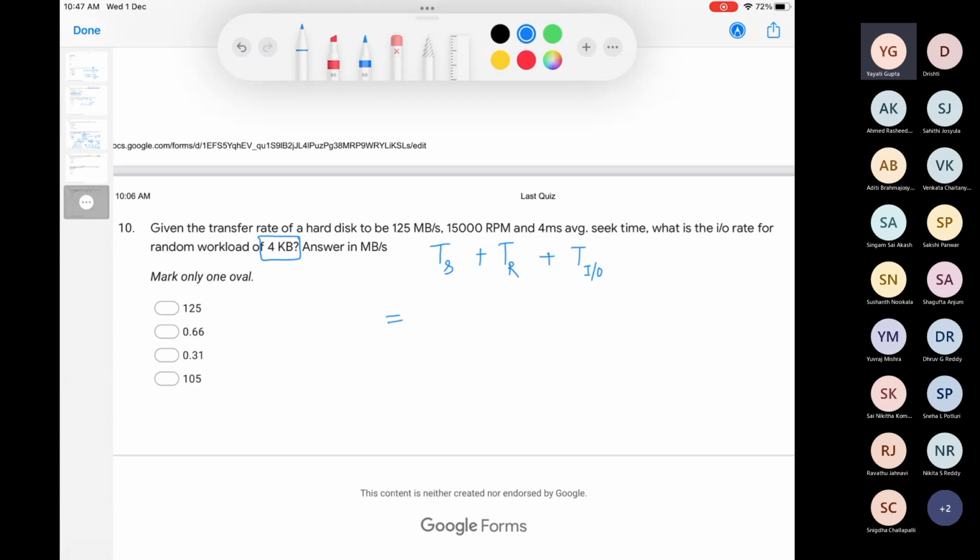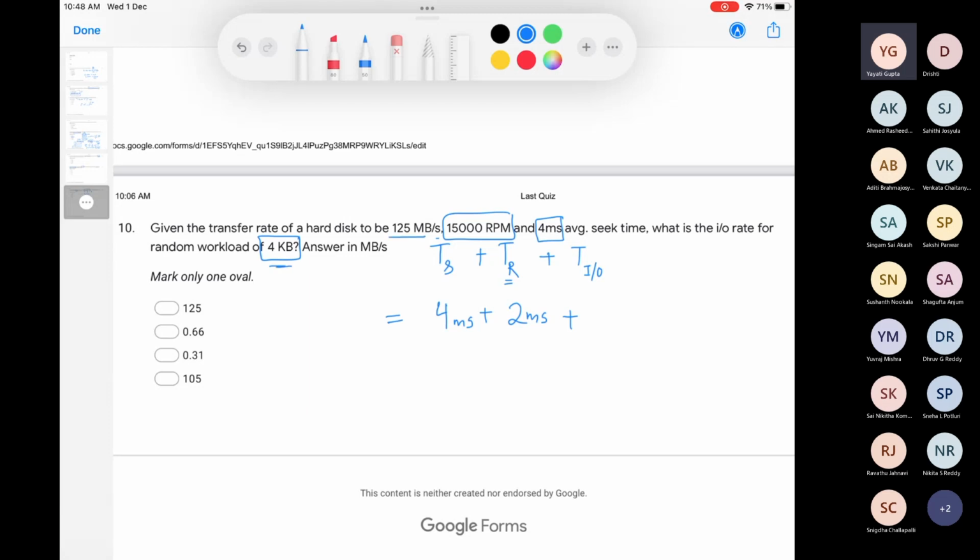If you compute it here, your seek time is already given to you, which is 4 milliseconds on average. For the rotational latency, it takes 4 milliseconds for one rotation, so 2 milliseconds, let me write down the units also, for half a rotation. So that is your rotational latency. Input output time for 4 KB will be negligible.